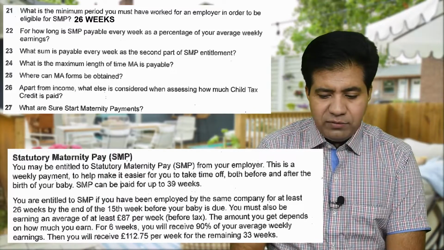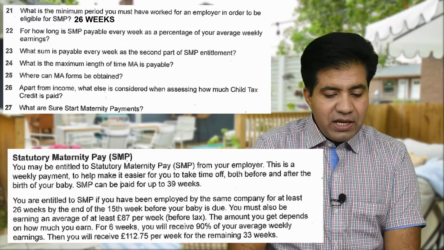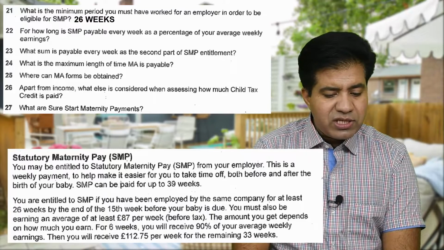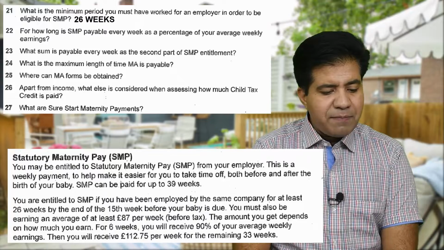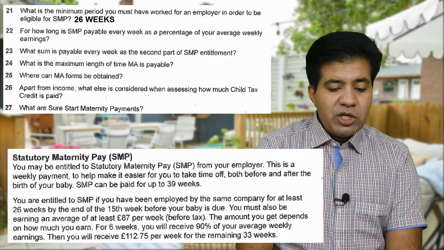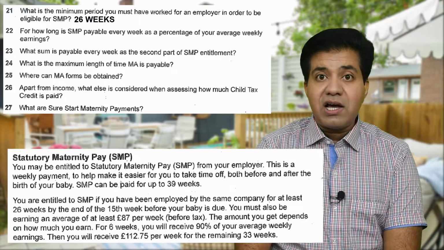For how long is SMP payable every week? There they say you must also be earning an average of at least £87 per week before tax, and the amount you get depends on how much you earn. For 6 weeks, you will receive 90% of your average weekly earnings.